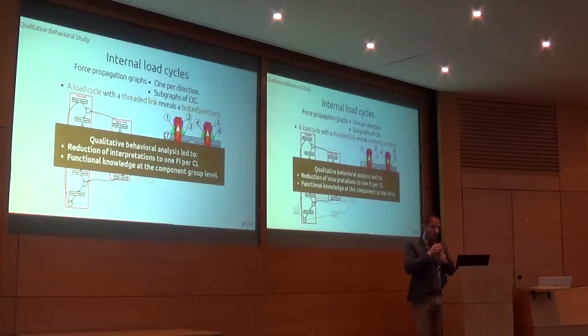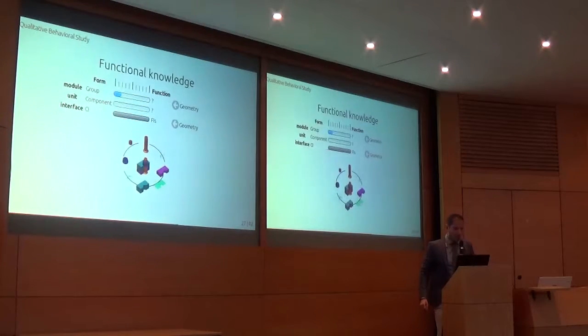So far, using a qualitative behavioral study, we have eliminated ambiguity of functional knowledge at the interface level. We also acquired new functional knowledge at the functional group level to situate ourselves with respect to objectives.